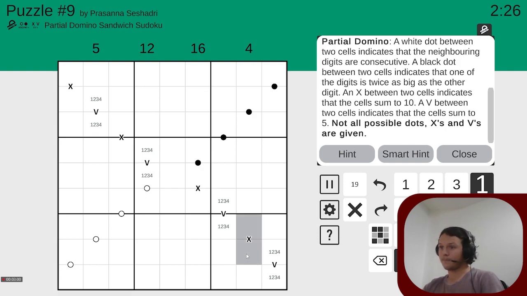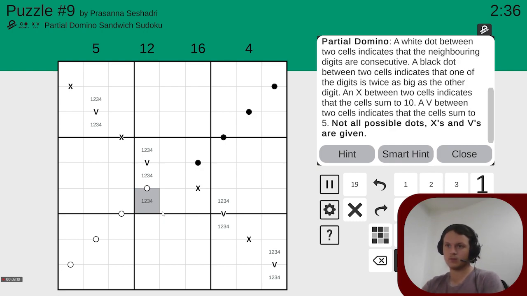And on an X, they have to sum to 10, which means there's no 5 that can go on a 10. Actually, that tells us that's 1, 2, 3, 4, 5. Because whatever that is, this digit has to be consecutive. This is interesting.